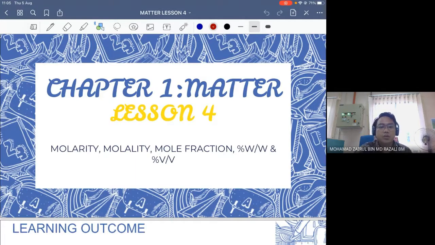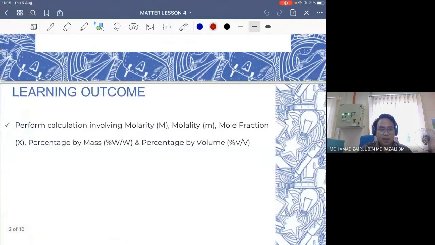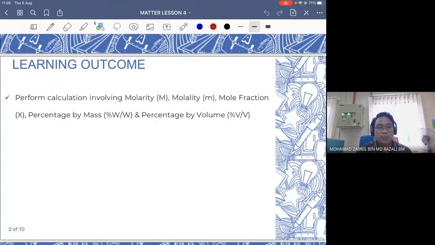So hari ni kita akan belajar macam mana kita apply those concentrations in a more complicated, or let's say, real life situation lah. The learning outcomes for today: you should be able to perform calculations involving molarity, mole fraction, percentage by mass and percentage by volume.